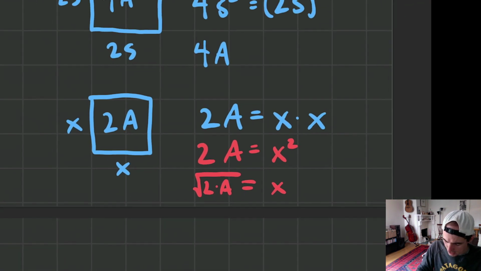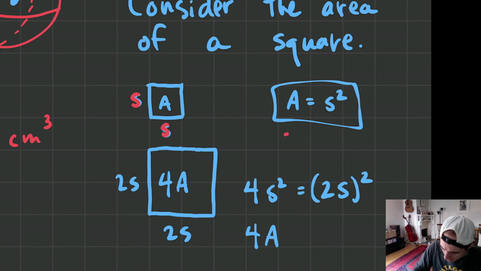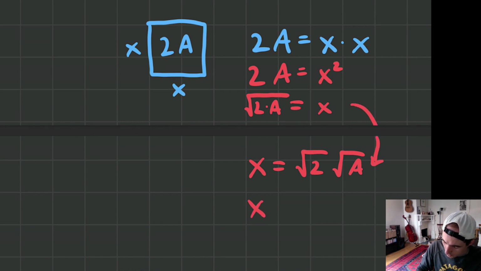Well, what does that have to do with S? If we go back over here, S is equal to the square root of A. So it turns out that x is equal to the square root of 2 times the square root of A, right? That's coming from that equation. But the square root of A is S, so this is the square root of 2 times S. So what am I saying here?